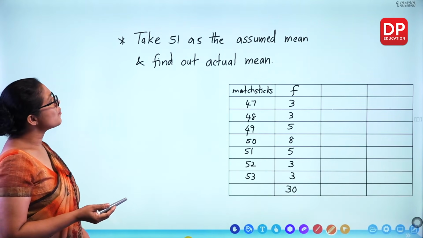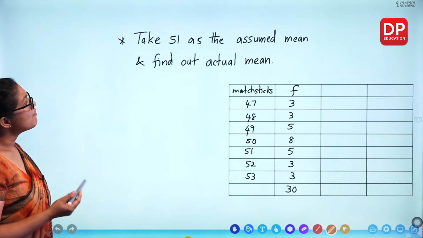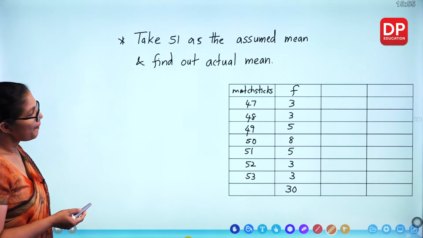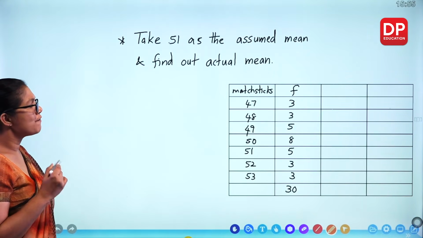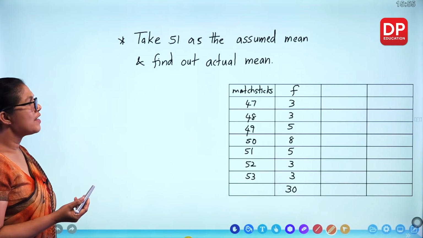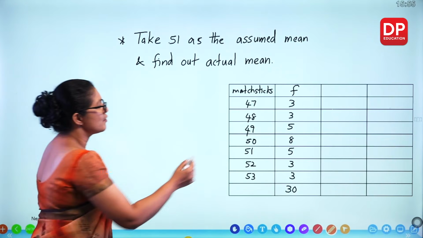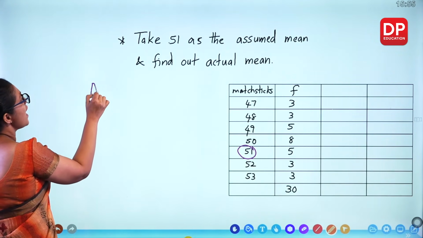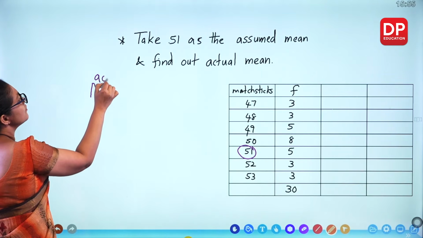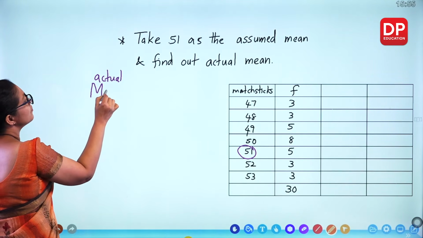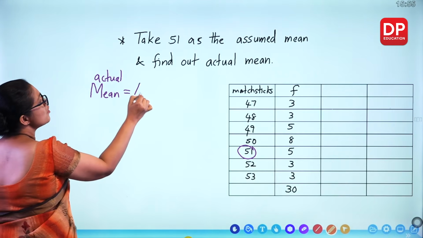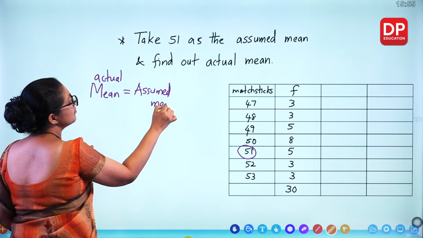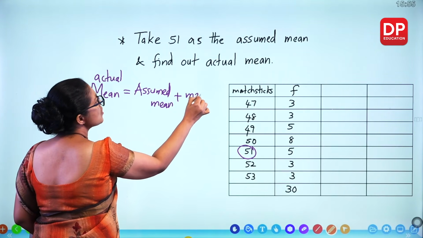Now we'll take this question. Take 51 as the assumed mean, find out the actual mean. So they have given, okay, take 51 and find out the actual mean. This one is the assumed mean. So actual mean is what? Assumed mean plus mean deviation.